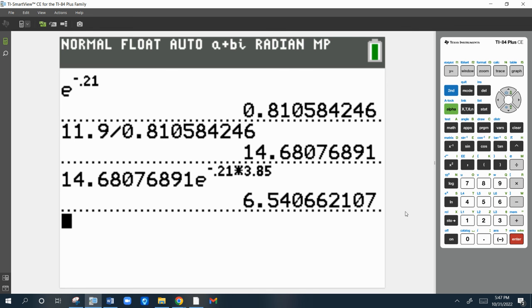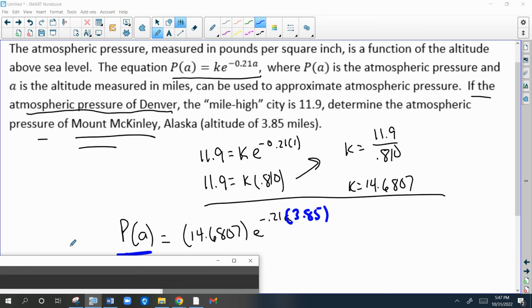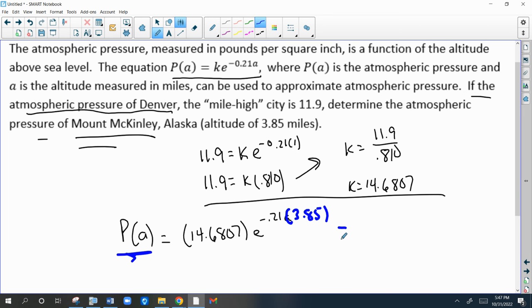And there it is. The atmospheric pressure way up on top of Mount McKinley is 6.54. And that's, does it give us, that's pounds per square inch. So pounds per square inch.